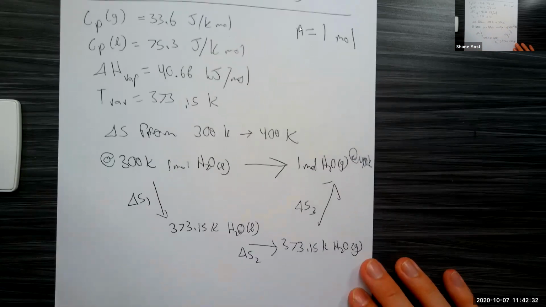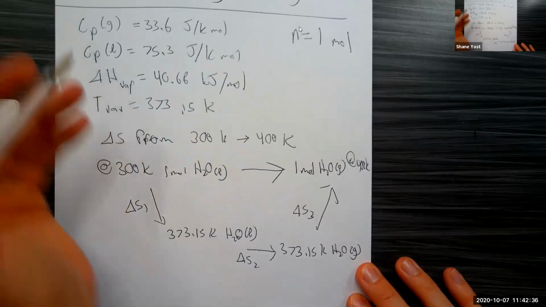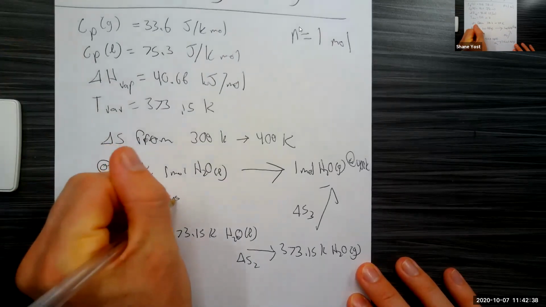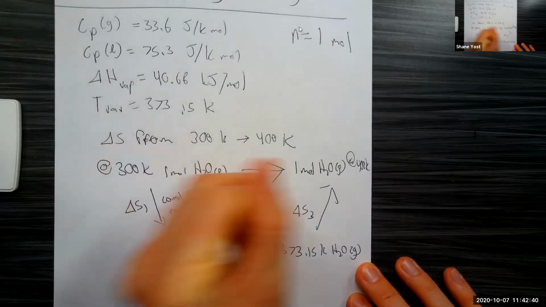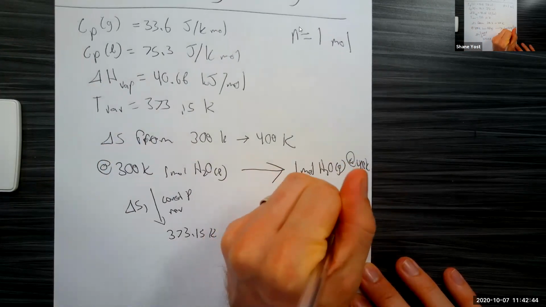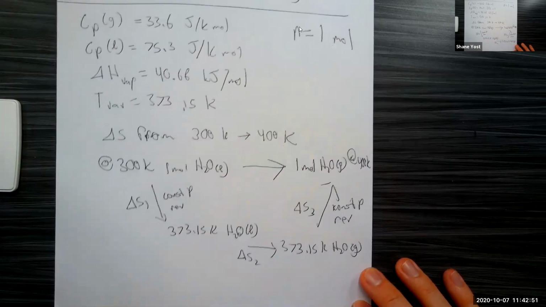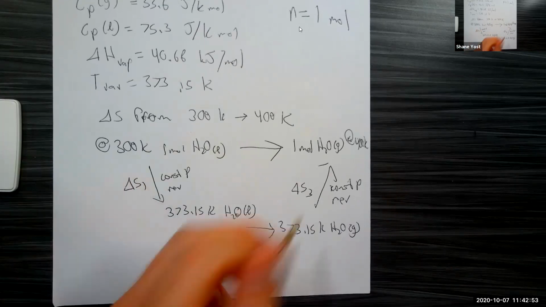Given that the CPs are given in this problem, I'm going to treat this as a constant pressure, reversible process, so I can calculate the entropies for steps 1 and 3. My total entropy is just the sum of these entropy changes.